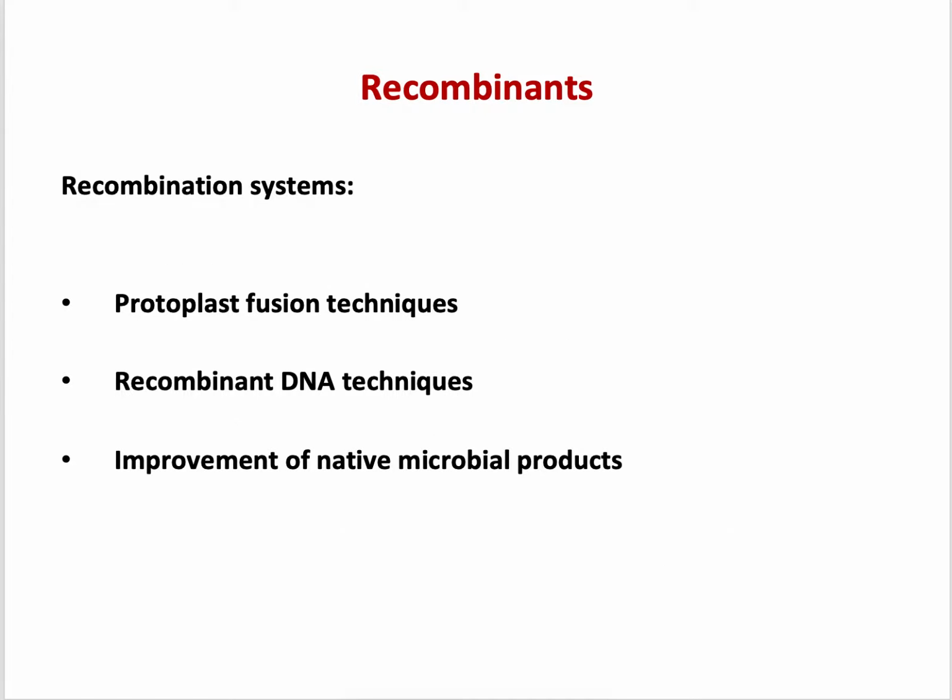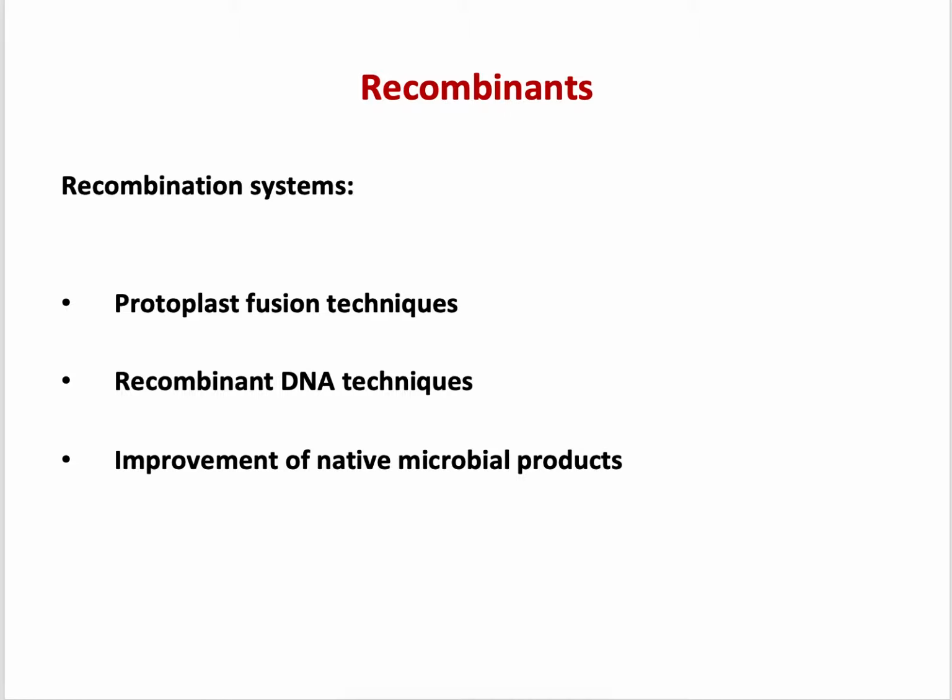And finally, recombinants. As I said, we can use different techniques, such as recombinant DNA techniques, to make recombinants. So what does recombinant mean? When we introduce a foreign gene or genes into a cell, it is called a recombinant cell.